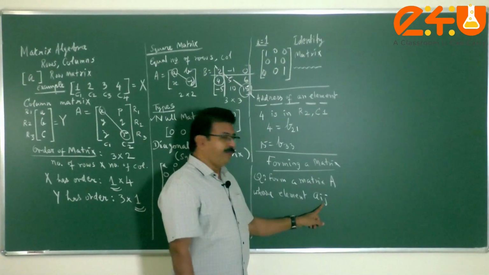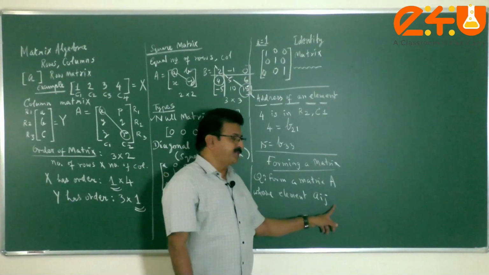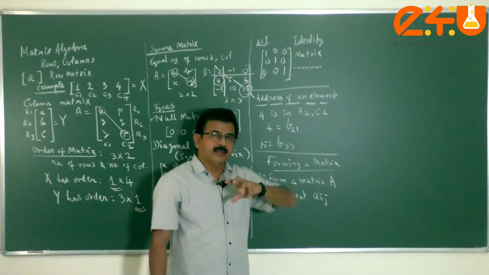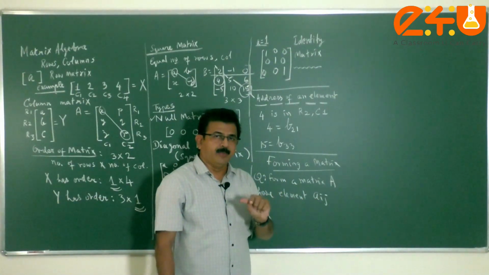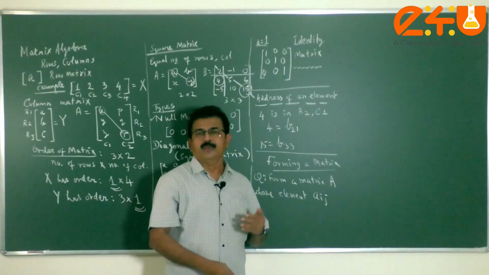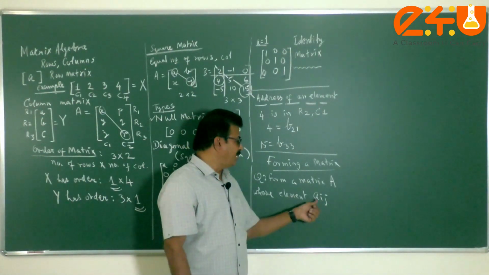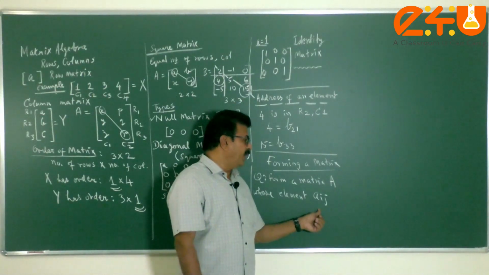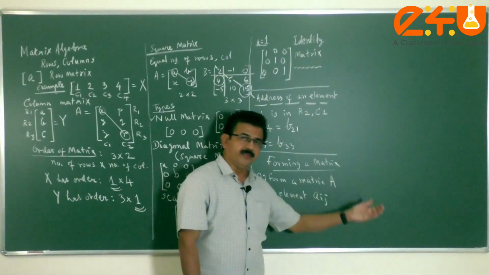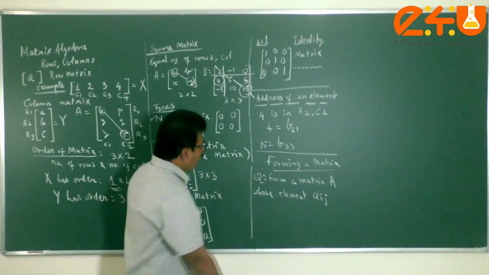I stands for the row number, j stands for the column number, and the row address and column address get updated as you move on. When you move from row 1 to row 2, i will change from 1 to 2. Similarly, when you move from column 2 to column 3, j will change from 2 to 3, and so on.